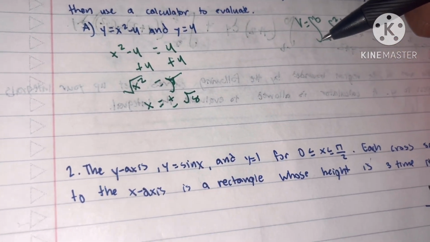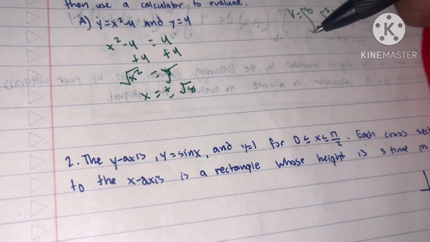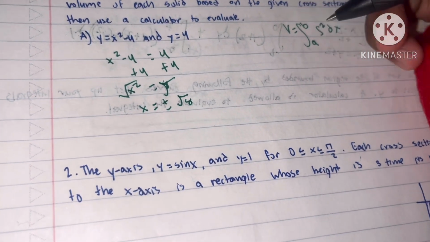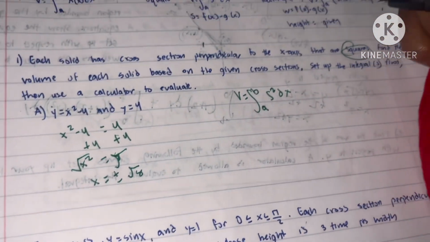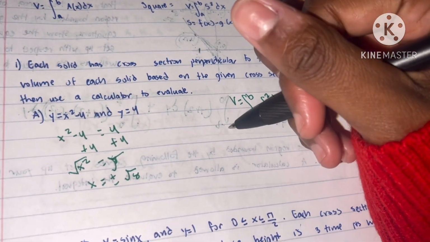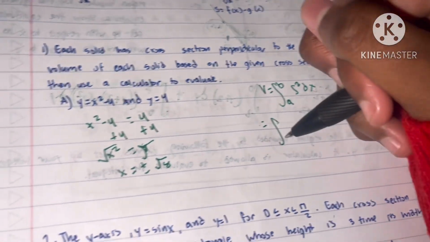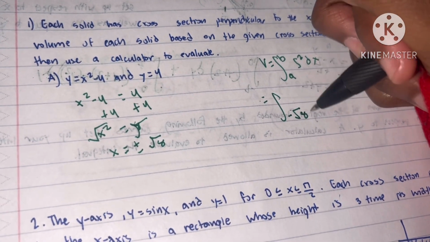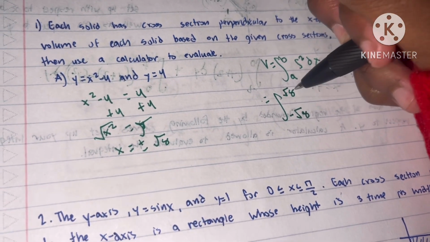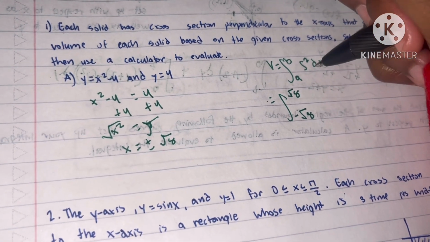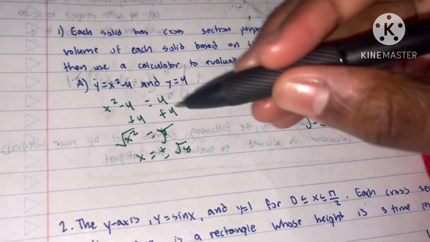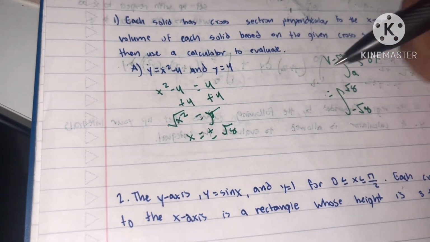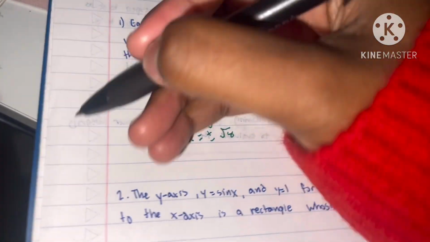So you can draw a picture, but I don't think the picture would matter because you already got your x-intercepts. So since it's a square, we're going to be using the square one. It'll be equal, bounded from negative square root of 8 to square root of 8. And remember, your s is f of x minus g of x. Well, you can draw the picture because it does show which one is on top.